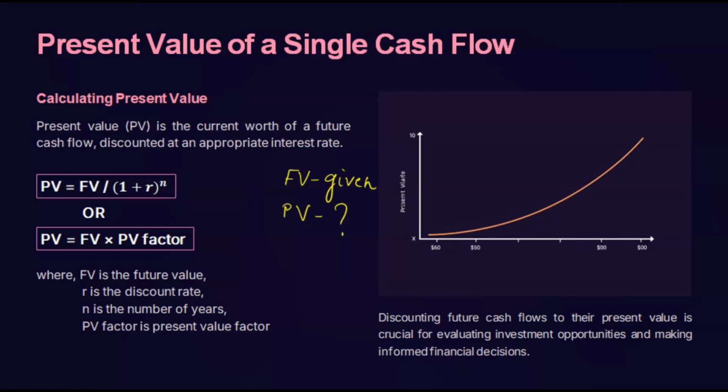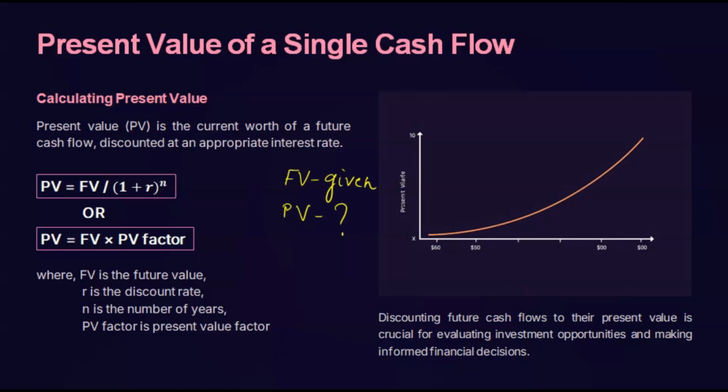Suppose someone is offering us a certain amount after a certain time period. A person is saying, okay, give me some money today, after 2 years I'll give you this amount. You want to know the present value of the amount that person is going to offer you in future.